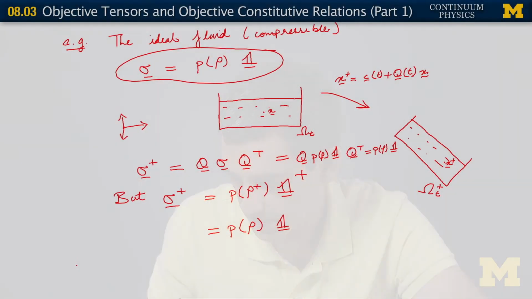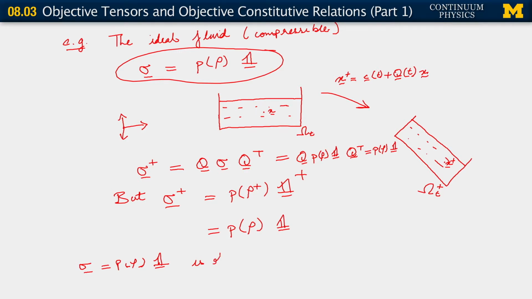Specifying that function satisfies the basic rules of transformation of tensor components under rigid body motions. Okay? So what we're saying is that sigma equals P rho is objective, right? It is objective as a constitutive relation.